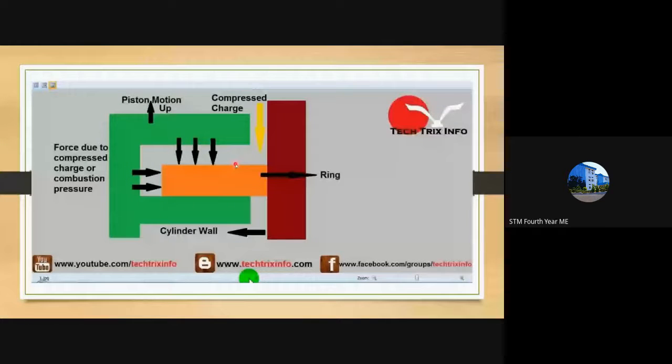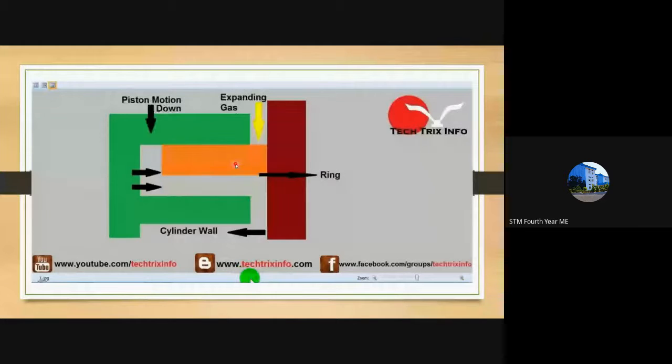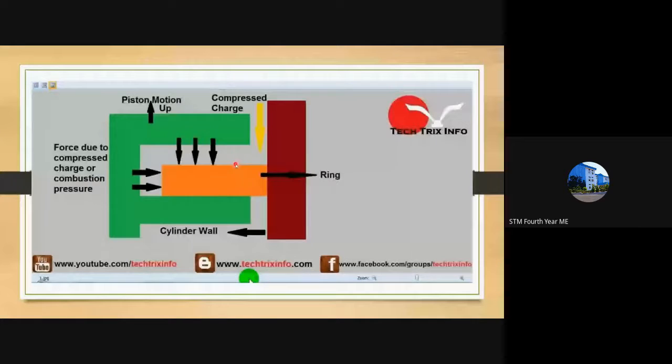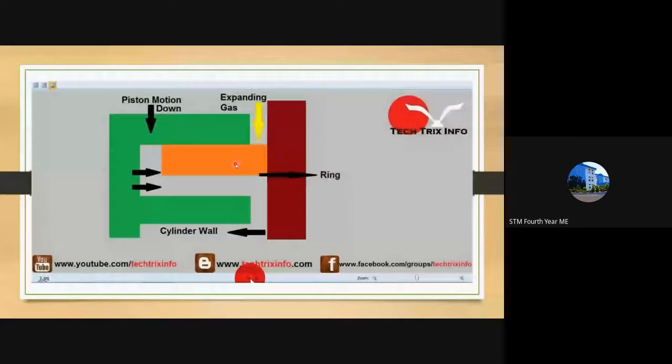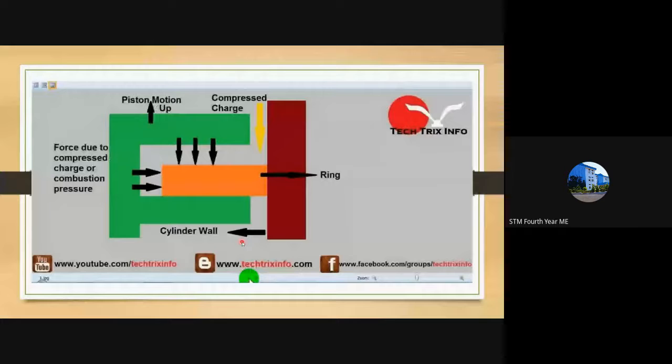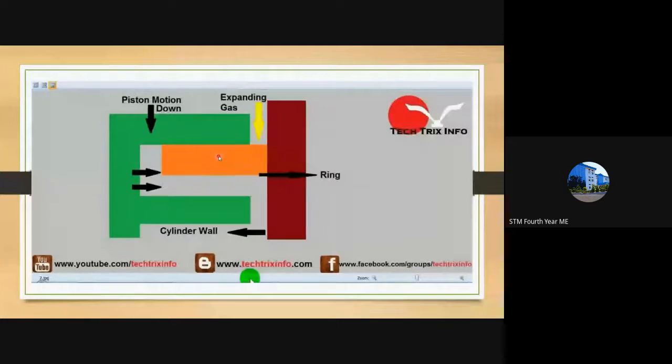After that suction, the piston moves from BDC to TDC, from the bottom to the top, thereby compressing the charge. When the charge is compressed, you can see here the ring moves upwards and downwards. Why does it move upwards and downwards?